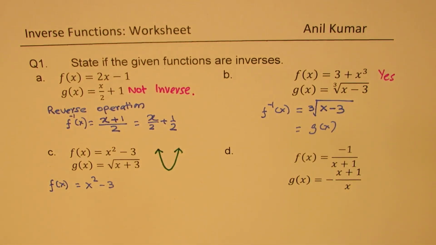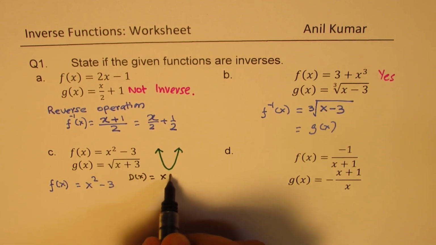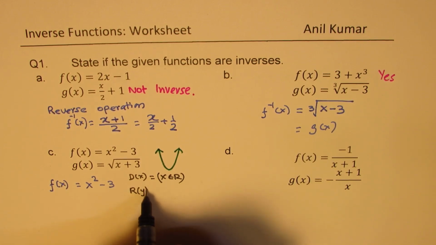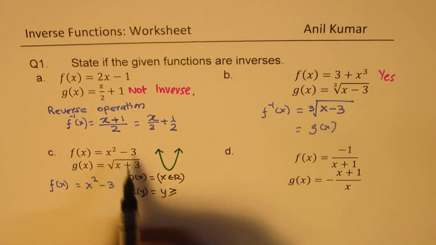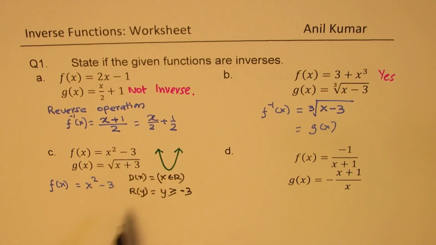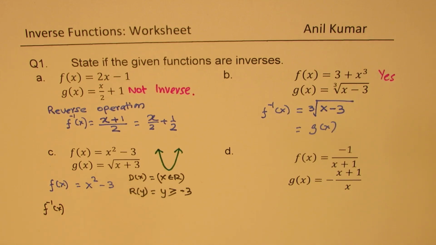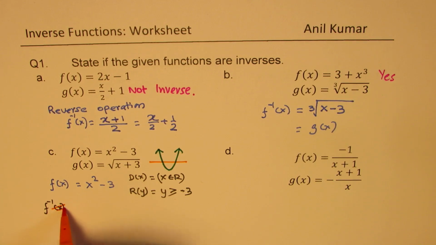So here, as you can see, domain is x belonging to real numbers, and the range is y is greater than or equal to minus 3, correct? So therefore, f inverse x, if it is a function, first, since it fails the horizontal line test, inverse is not a function, okay?